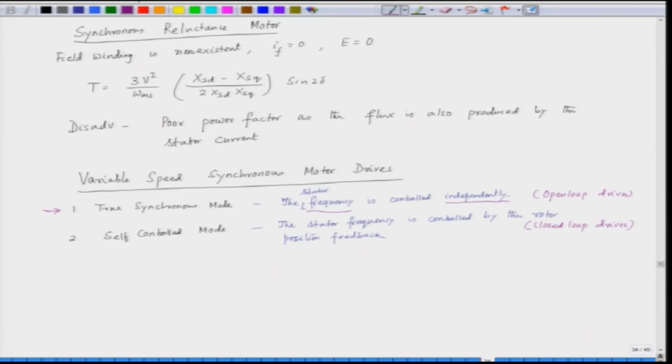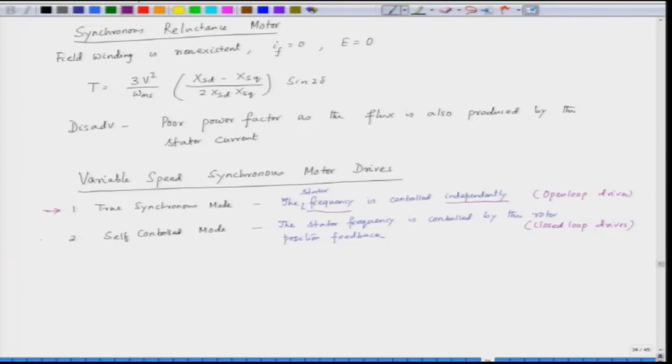So, it is just like a normal synchronous machine fed from a supply with maybe variable voltage, variable frequency. We have other types of synchronous motor drives where we need a closed loop feedback to decide the stator frequency, and that is called a self controlled drive.